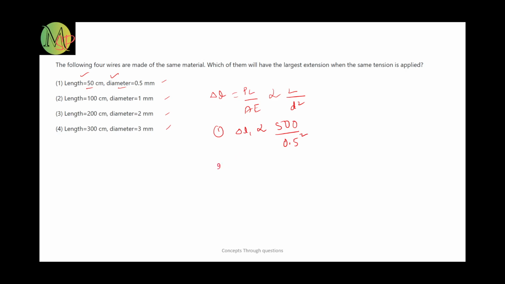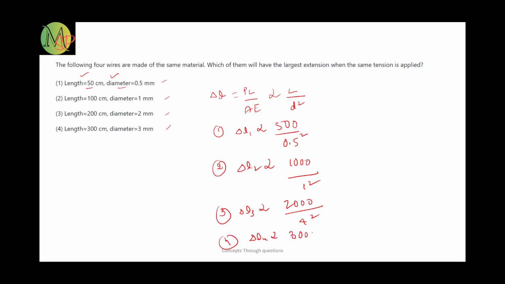Okay, next, the second one, delta L2 is proportional to 1000 divided by 1 square. Third one, delta L3 is proportional to 2000 divided by 4 square. Fourth one, delta L4 is proportional to 3000 divided by 3 square. So you can just solve this.